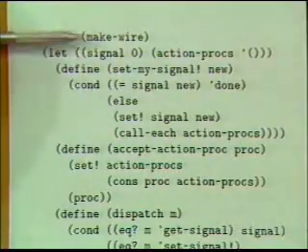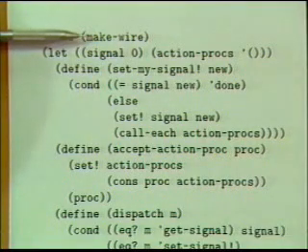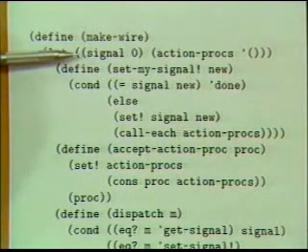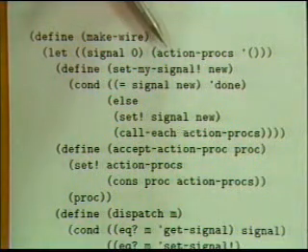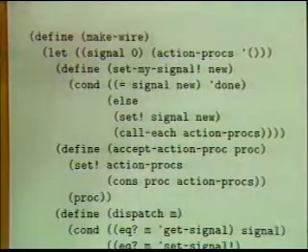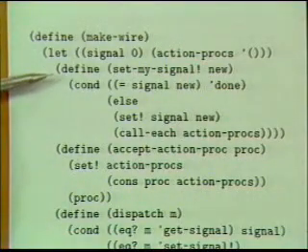In other words, when we call make wire to make a wire, then the first thing we do is we create some variables, which are the signal and the action procedures for this wire. And in that context, we define various functions, or procedures.